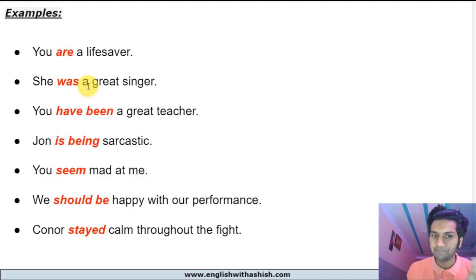Now understand this. Here, these verbs are working as linking verbs. But do not get confused. Just don't look at the word and call it a linking verb or a helping verb or any other type of verb, right? You have to understand what it's doing in that particular sentence, right? If any of the to be form of a verb is followed by an action verb, in that case, it's not a linking verb.